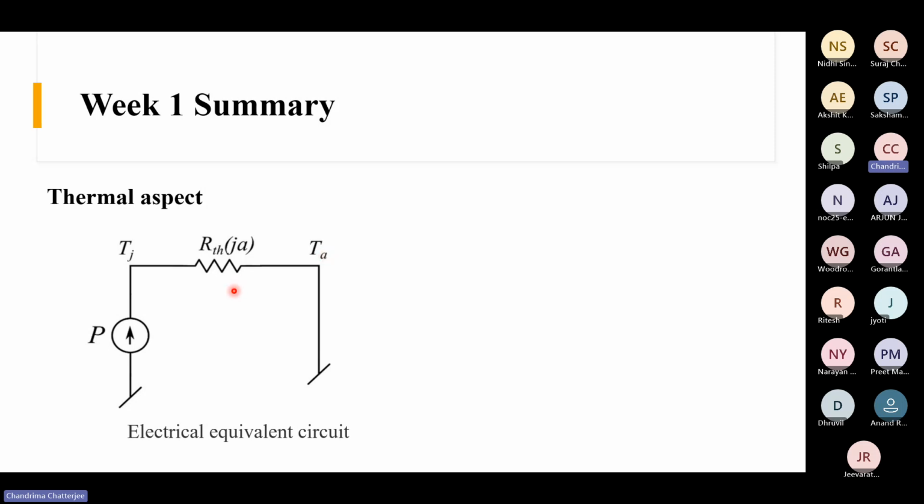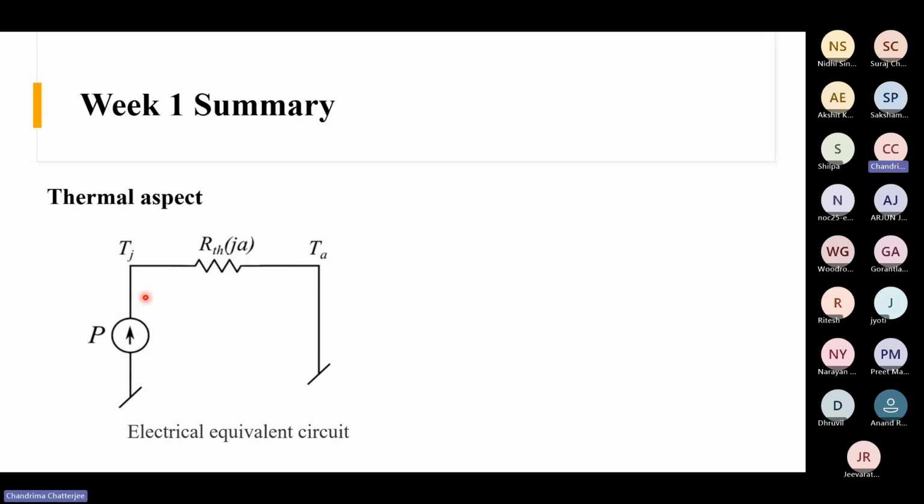So as there is a temperature difference and this resistance, this is the thermal resistance, right? You can think about it as equivalent to the electrical resistance. So this is basically the resistance of the thermal circuit, right?